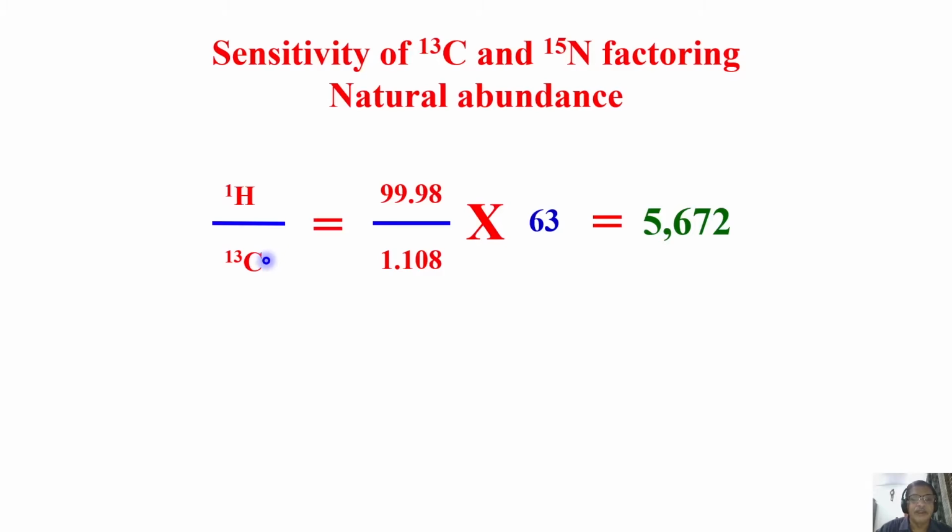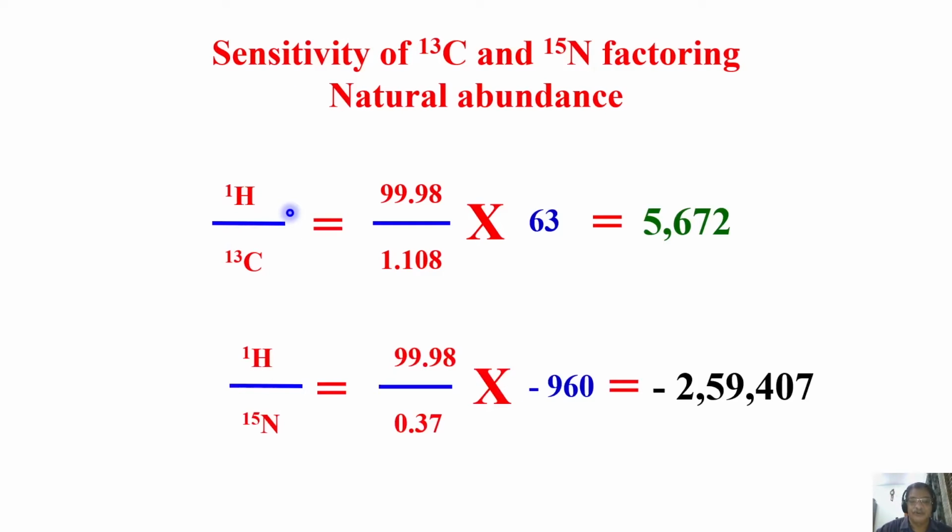That means taking all the factors into account, including natural abundance, the sensitivity of detection of carbon 13 compared to that of protons is nearly 5,700 times smaller. Carbon 13 is nearly 5,700 times less sensitive than proton.